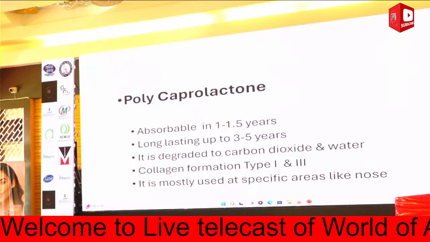It is degraded into carbon dioxide and water, so it doesn't leave any residual problems. The collagen formation is again type 1 and 3, but the advantage is that type 3 collagen formation is much more than type 1 as per the studies. It is therefore mostly used in specific areas where we do not want to revisit the situation.